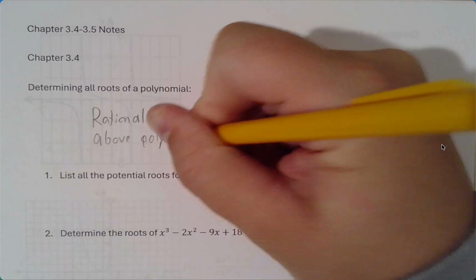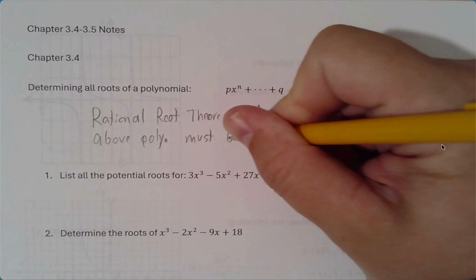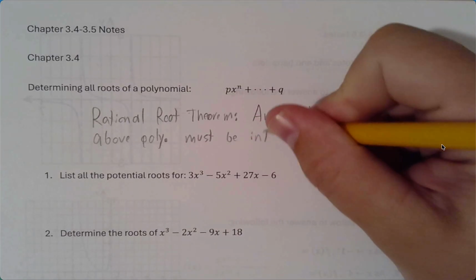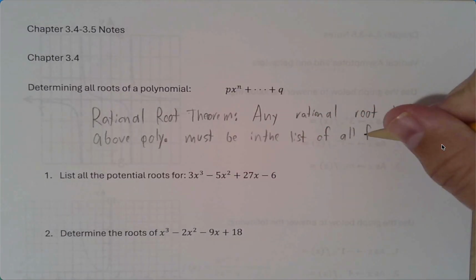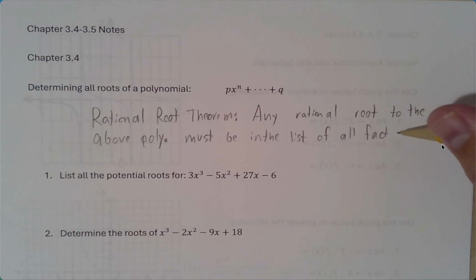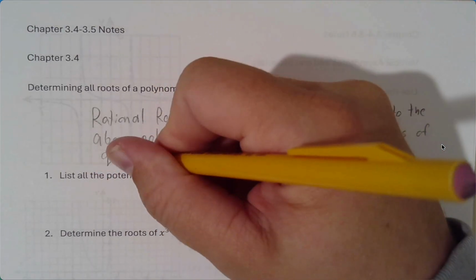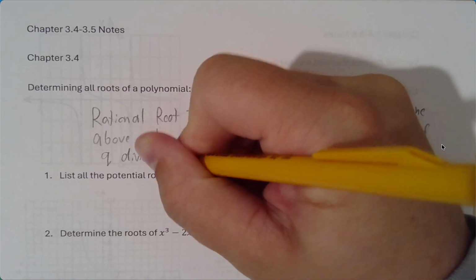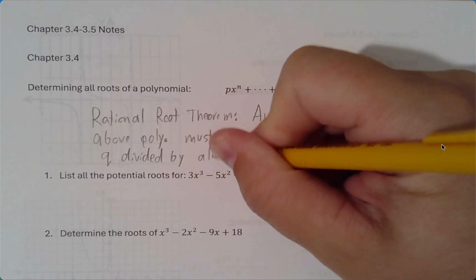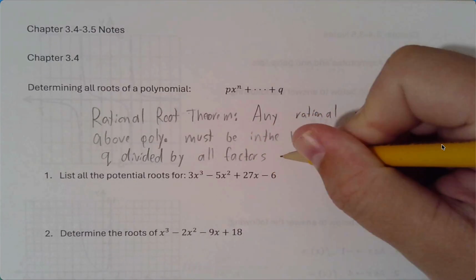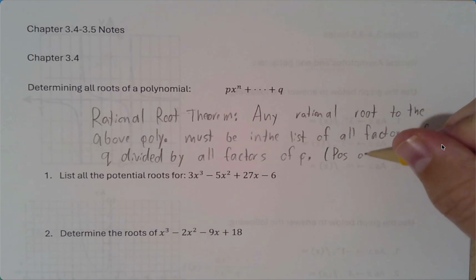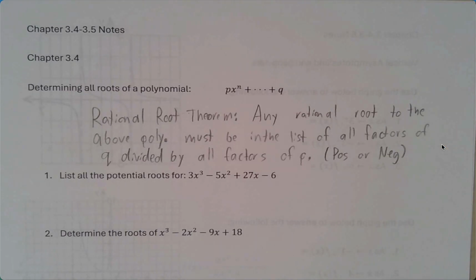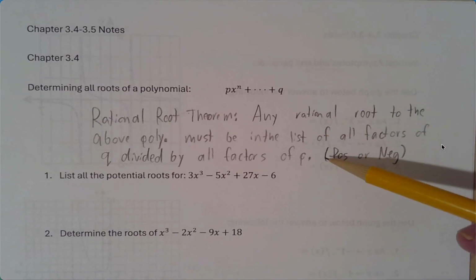I'm also going to abbreviate polynomial, must be in the list of all factors of Q divided by all factors of P, and positive or negative.